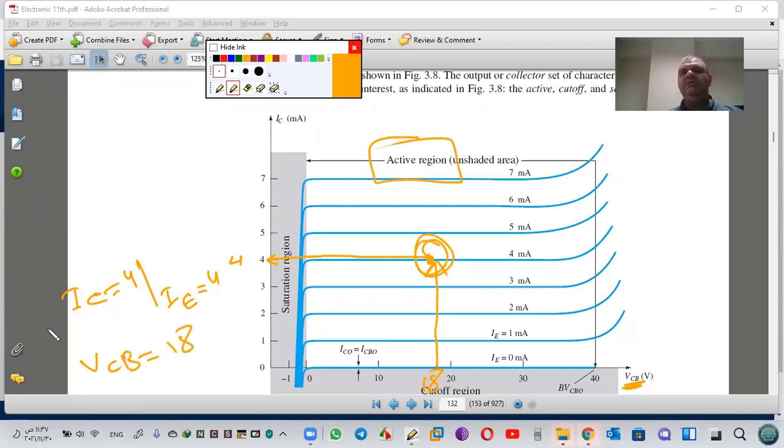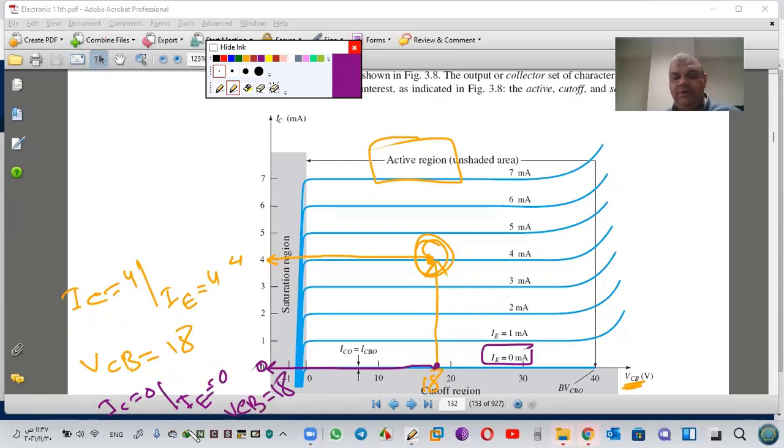In the active area. If I ask you, if IE is 0, what's the output? See here, if IE is 0, this is the current at this point. What is the value? It's almost 0. IC equals almost 0 when IE equals 0 and VCB is 18. Any question about this?